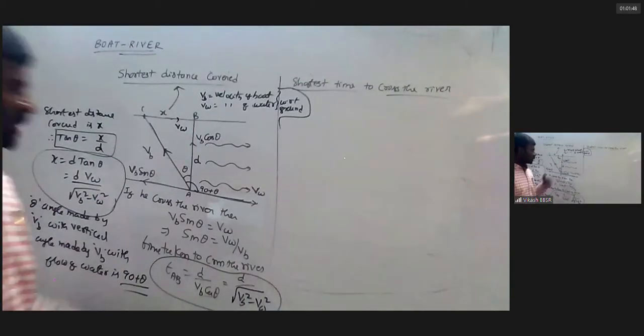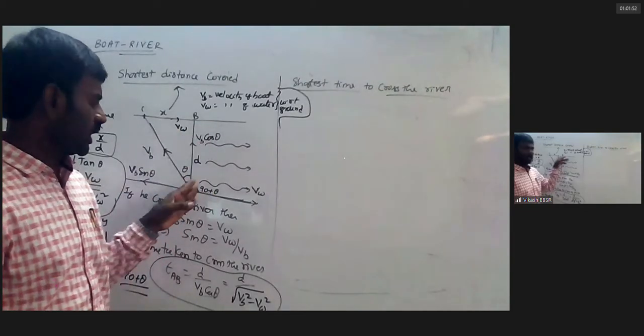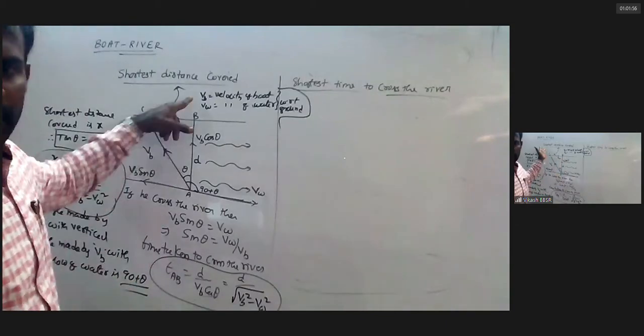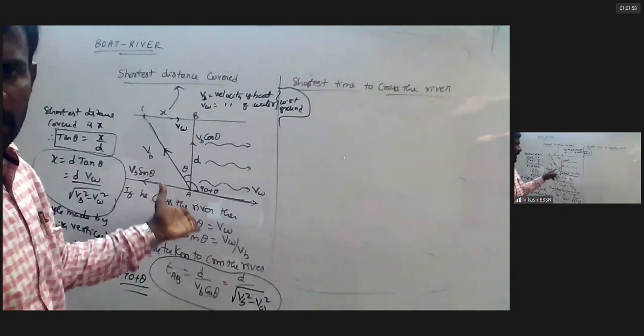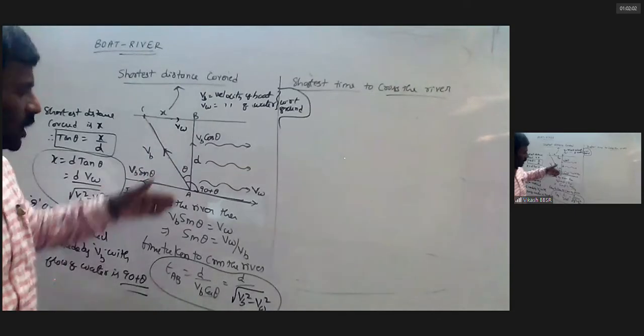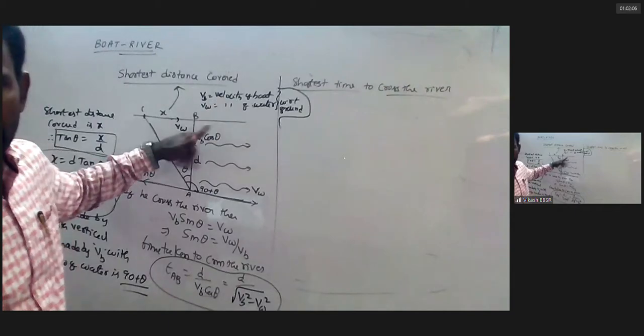We thought we would reach the point B, but actually we don't go exactly to point B. To reach the point B, we should row the boat making some angle with the vertical. Sir, I want to row the boat this side. If you row this side, do you go farther from B or towards B?